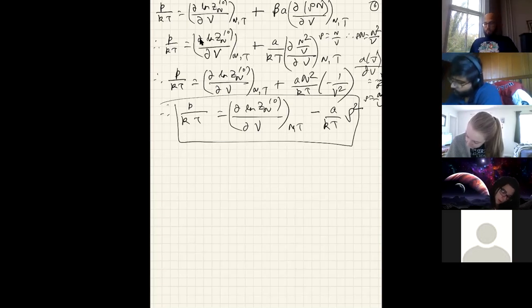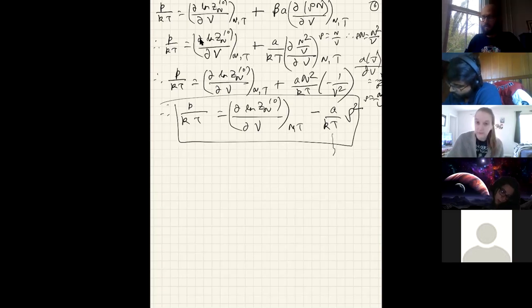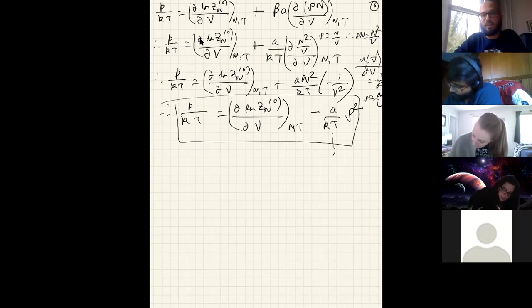So this is not quite what you have thought of as the van der Waals equation of state. We don't talk about partition functions in the van der Waals equation of state, but the second term is there. And now you understand why the second term has that interaction form. When you do the van der Waals equation of state in chemistry, you don't talk about what is the real basis of A. You just say A accounts for the interaction between things.